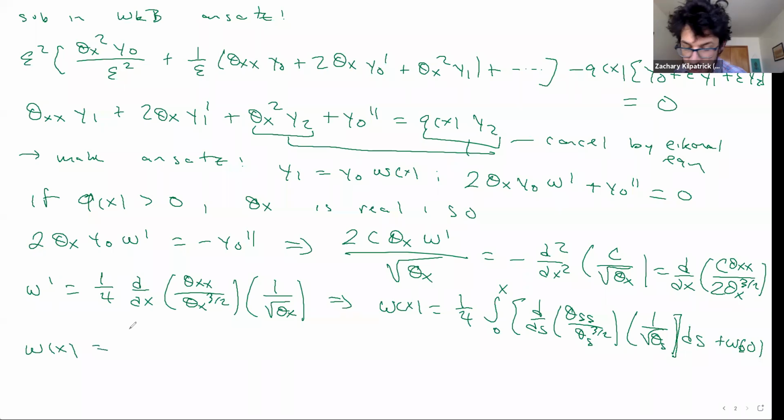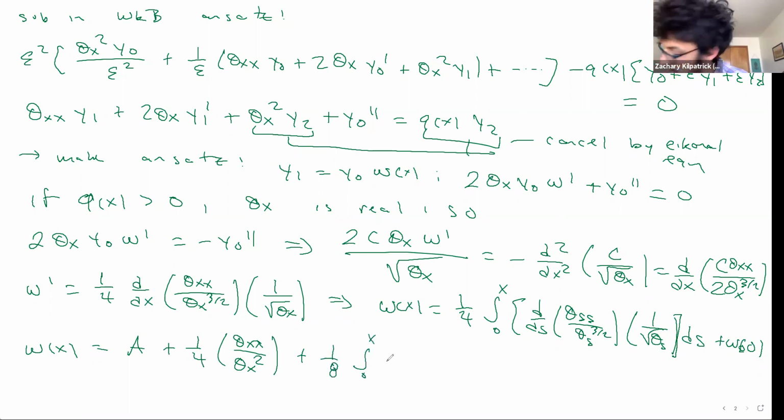So we can simplify this a little bit by writing w of x equals a plus a fourth theta xx over theta x squared plus an eighth integral from 0 to x of theta ss squared over theta s cubed ds.